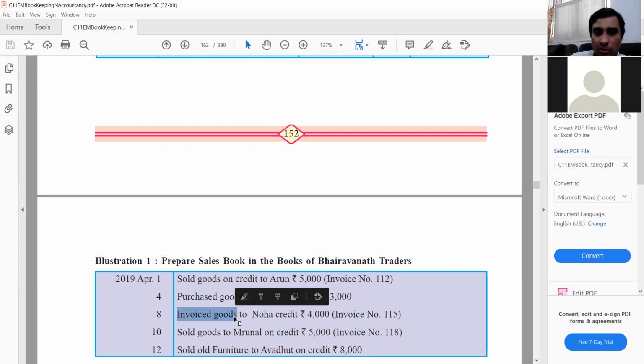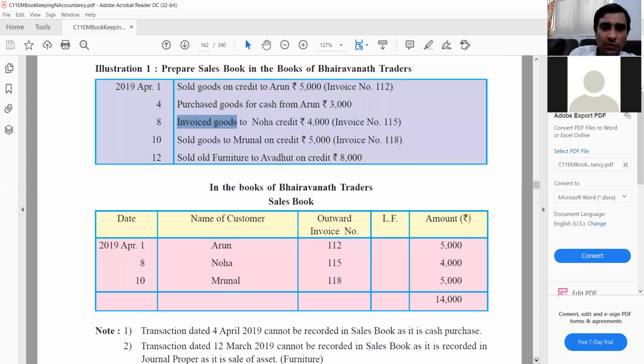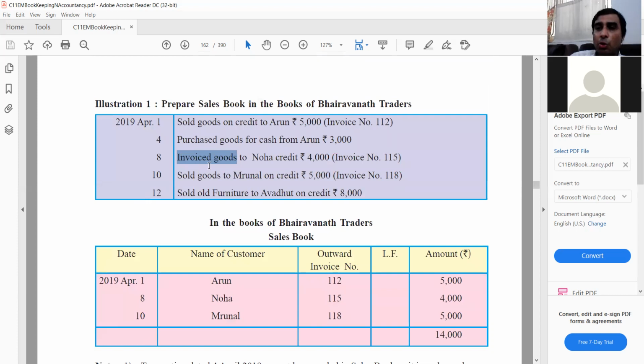Okay, I can make out by reading this with my knowledge of accounts. When you're saying the words invoiced goods, that means you made an invoice and you sent that invoice to Noha, invoiced goods to Noha on credit. So when you are invoicing means you are selling the goods.